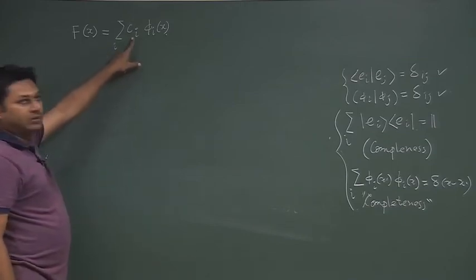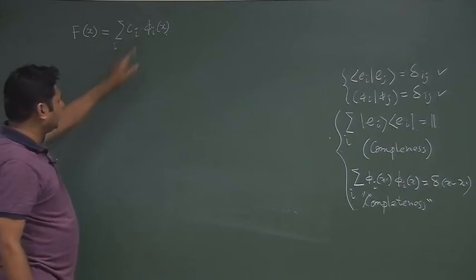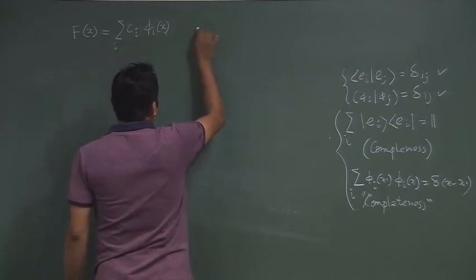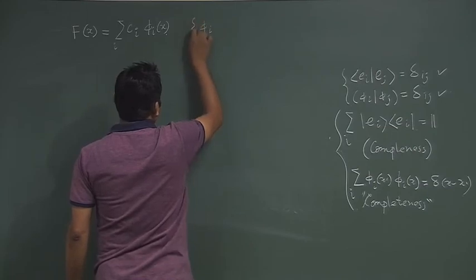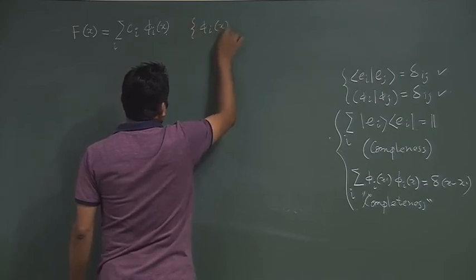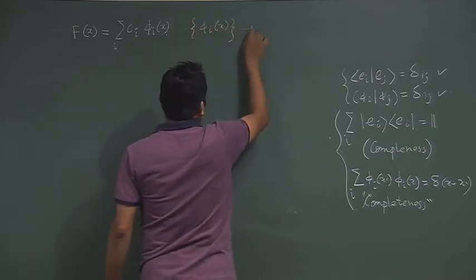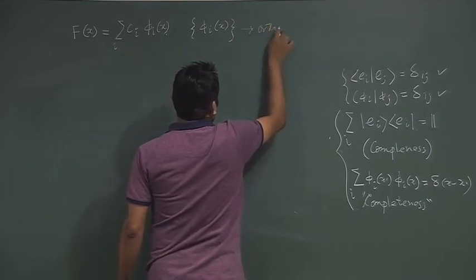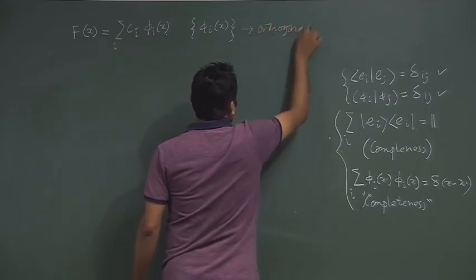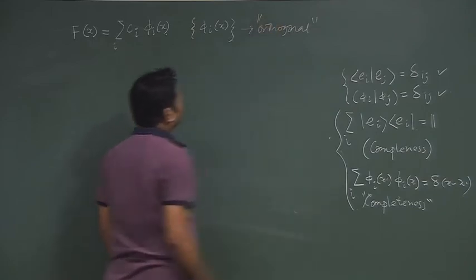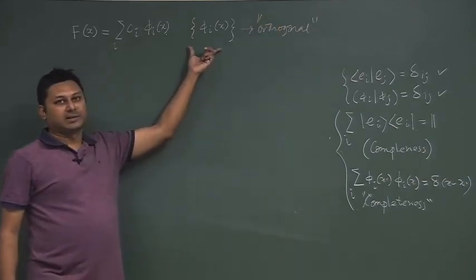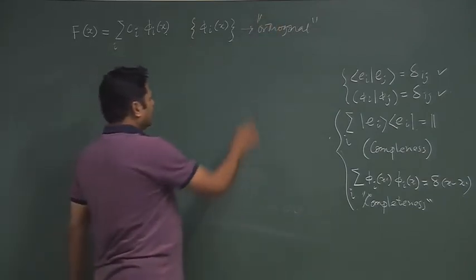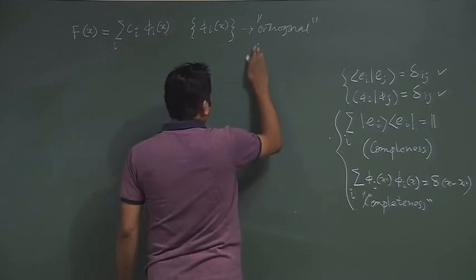I have already shown. If I do the same thing, for example, here the set of functions phi I is orthogonal, just orthogonal. I am not saying that this is normalized, this is orthogonal. That means they follow this rule.